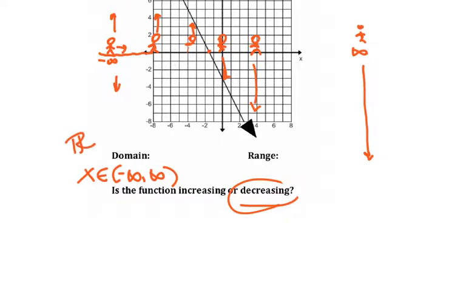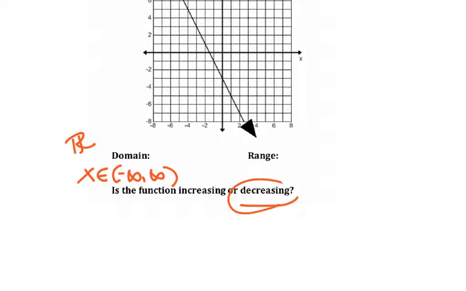Okay, now it says to write it in interval notation, so we're going to write it in interval notation, but it means that you can take whatever the equation for this line is, and you can plug in anything you want for x. Now, the problems that we run into with domain is when you have something like dividing by 0 or taking the square root of a negative number. So when you do something that's not defined, that's where the domain starts to have restrictions on it. We'll see more of that in secondary 2.